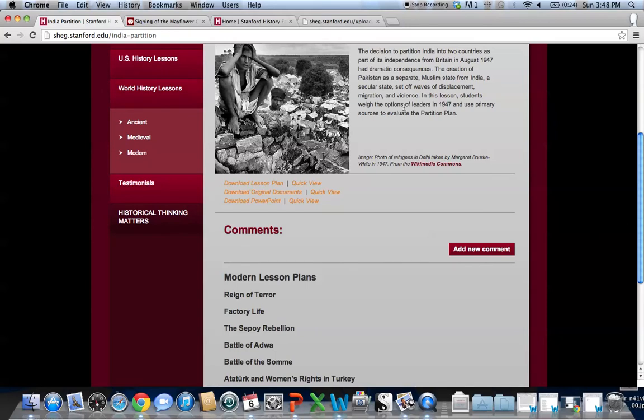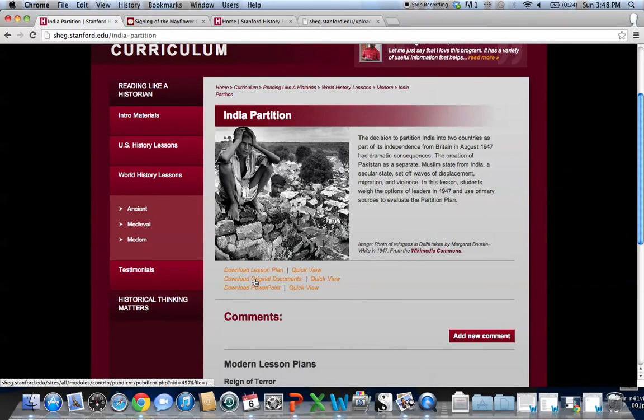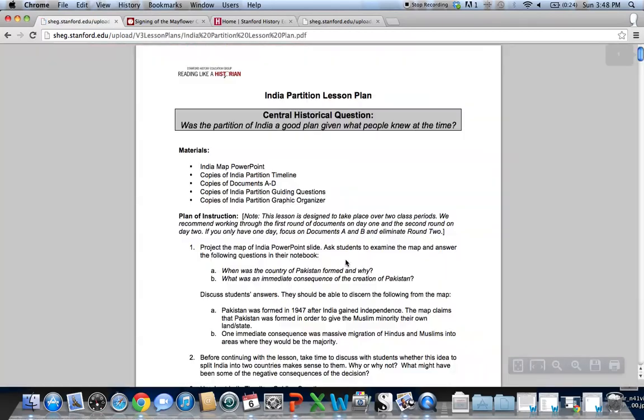So we are here at the India Partition lesson. So I'm going to download the lesson plan here. And what's great is they have this entire lesson plan. So you know the central historical question: was the partition of India a good plan given what people knew at the time? And that's going to be the important thing that students need to think about, especially the way I taught it, is they saw what happened in the aftermath of partition.